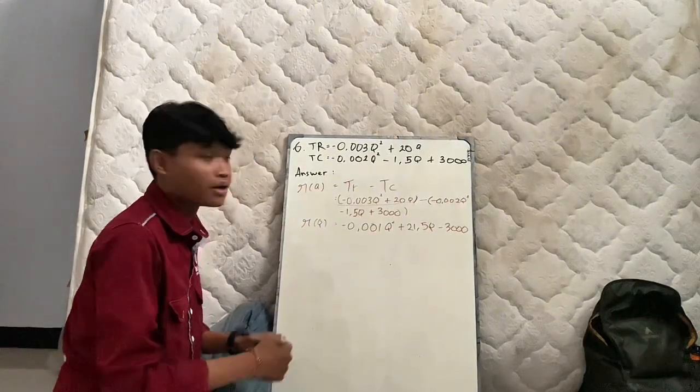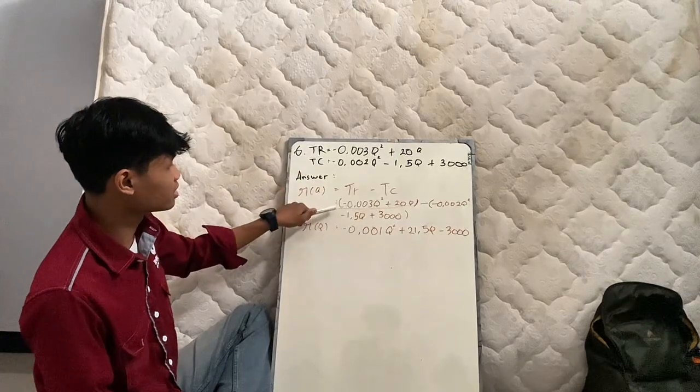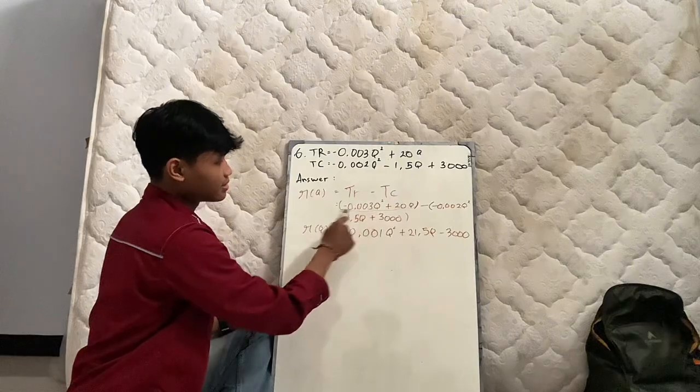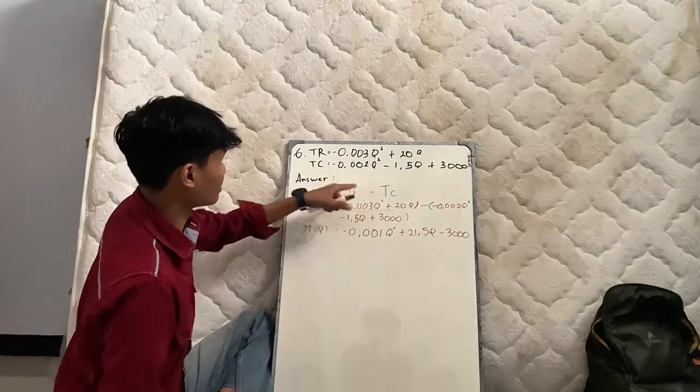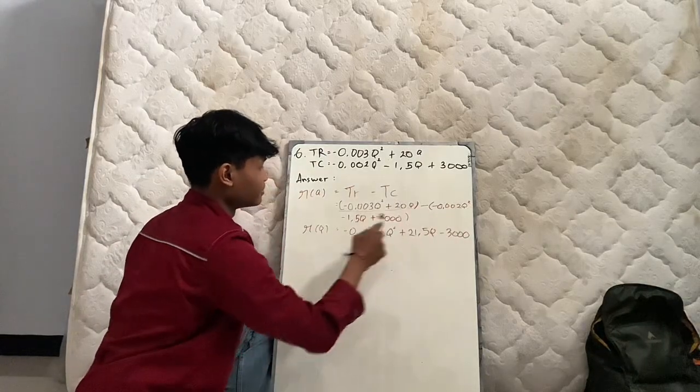First, we input the TR down here. So the TR is this, and minus the TC, and the TC is here.